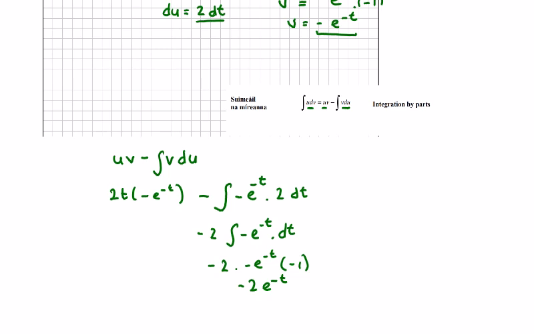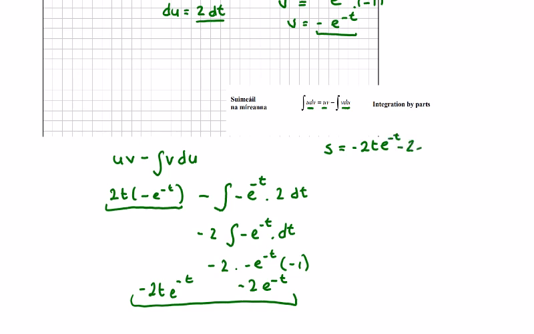So we have minus 2t e to the power of minus t from here, and we have minus 2e to the minus t. So we can say s is equal to minus 2t e to the power of minus t minus 2e to the minus t, and we have to have a plus c in here.